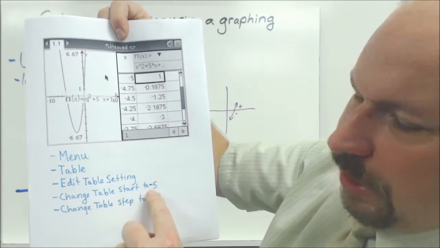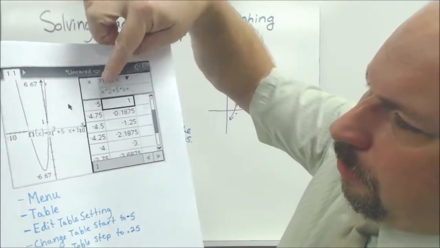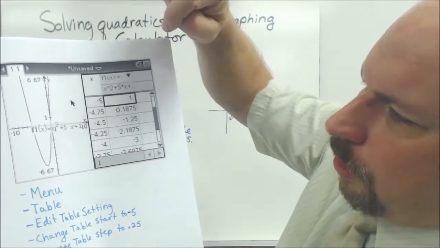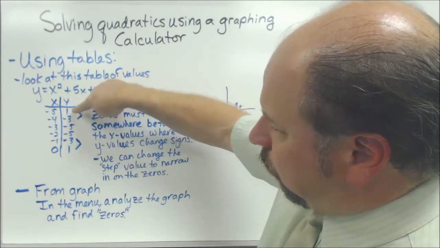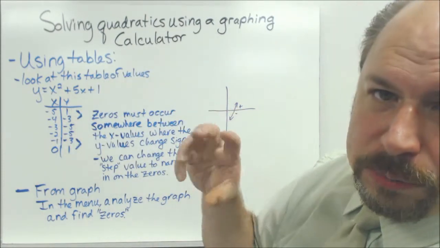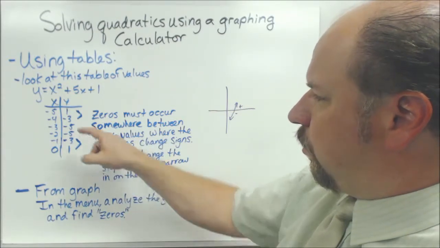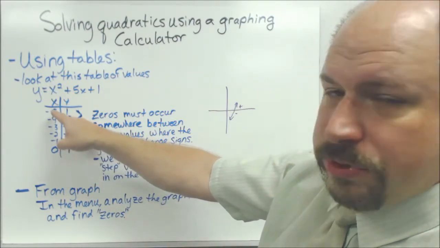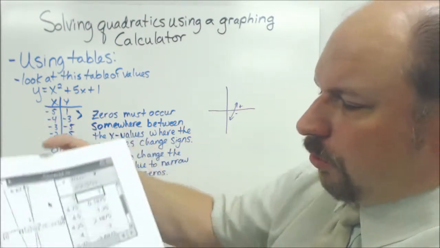And we want to change our table start to -5. We want to start here, have -5 at the top of our chart. Okay, and since neither one of these is really close to 0, I'm going to change my table step so that it's a little bit smaller. So instead of having a difference of 1 for each x value, it's going to be a little smaller.